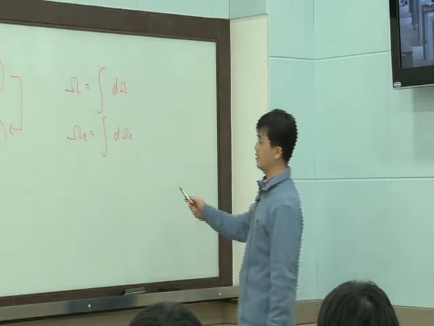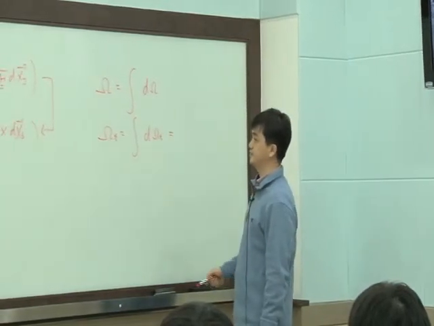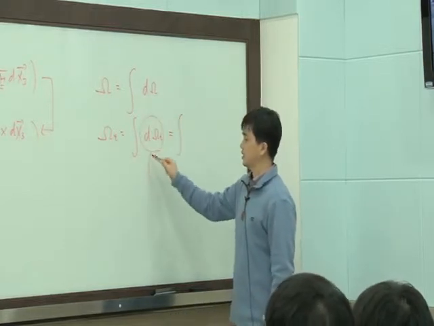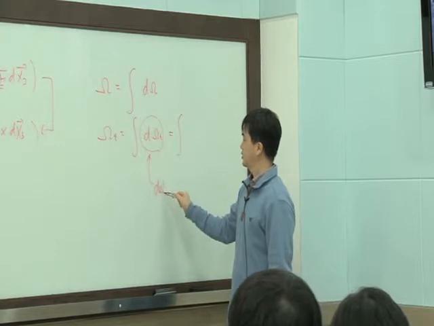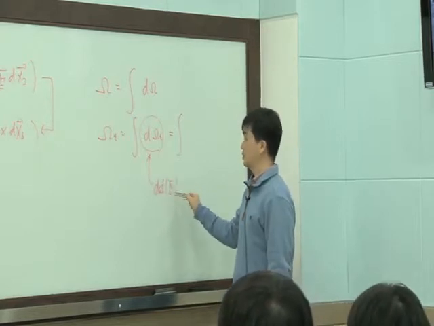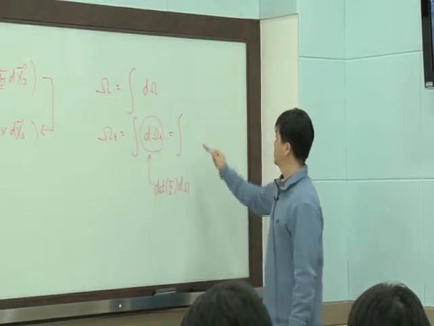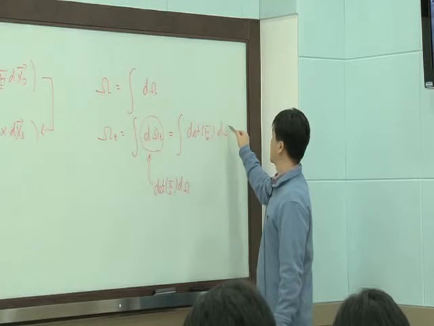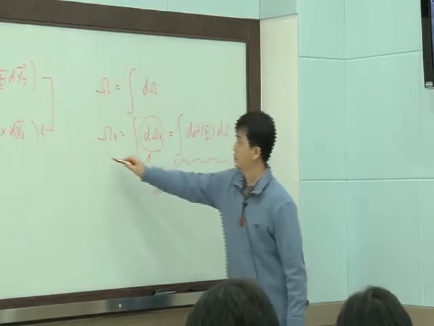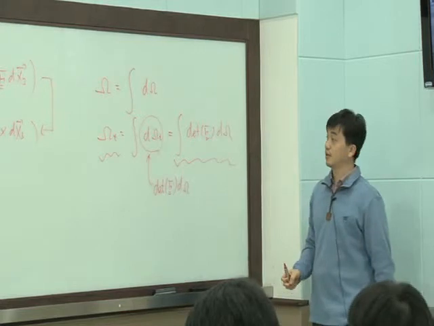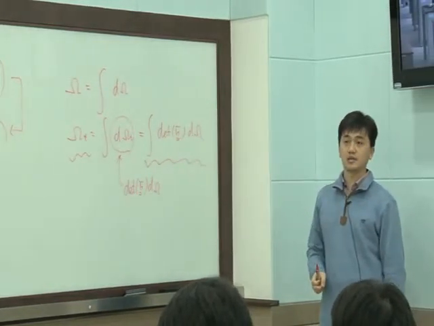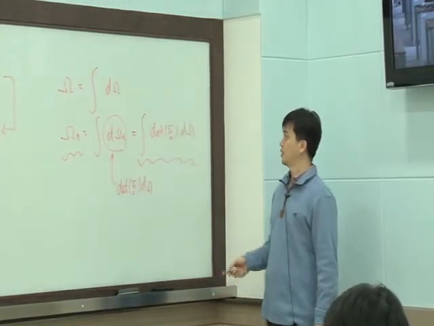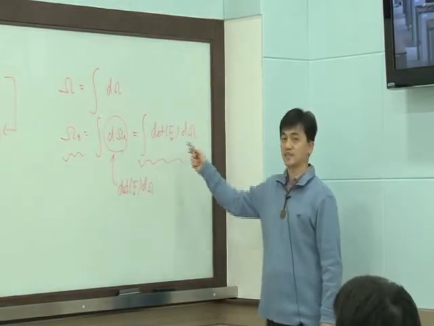Okay, then how about this? This equal, instead of this, we put the determinant F d omega. Then integral of determinant F d omega. We can calculate the current volume from the initial volume, right? With this equation.